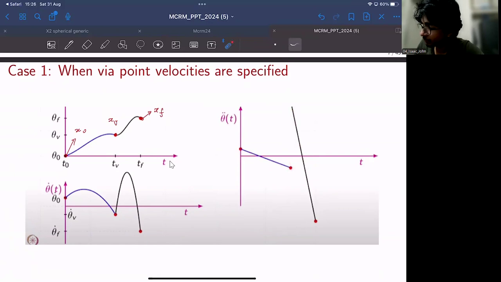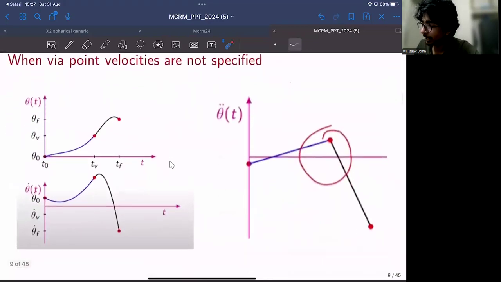So this is what happens if you force your joint or your actuator to go through a via point, and if you try to force a specific velocity at that via point, it'll have an acceleration at this point, and suddenly it will jump to a different acceleration, and it will reach a via point. So as it goes through this via point, it will have this sudden jump, or sudden jerk. So the motion will be very jerky as it goes through individual via points.